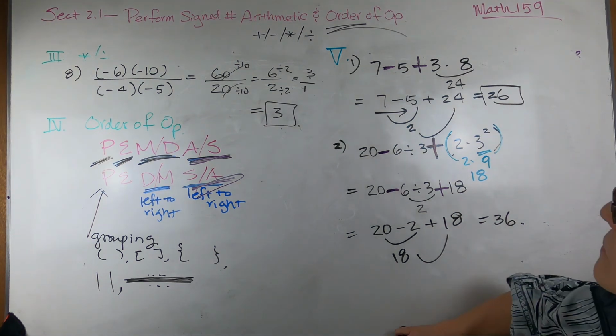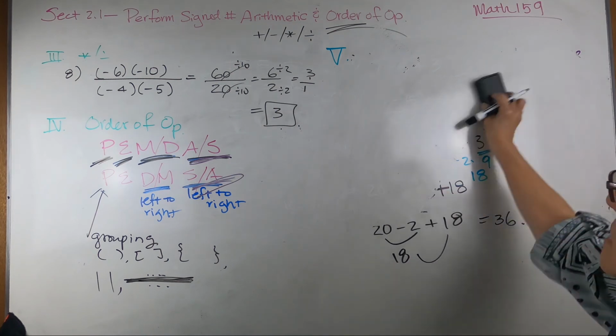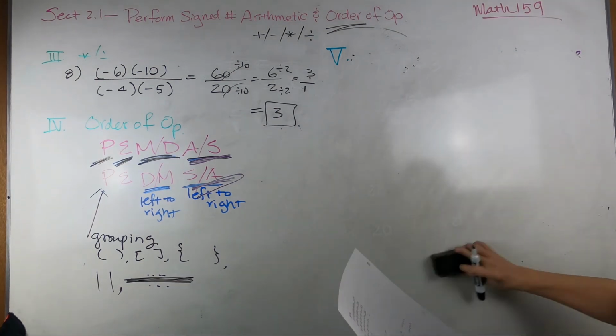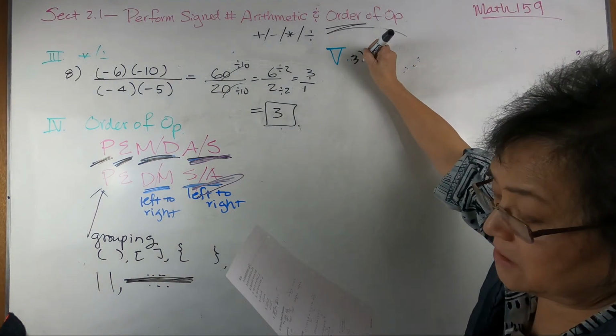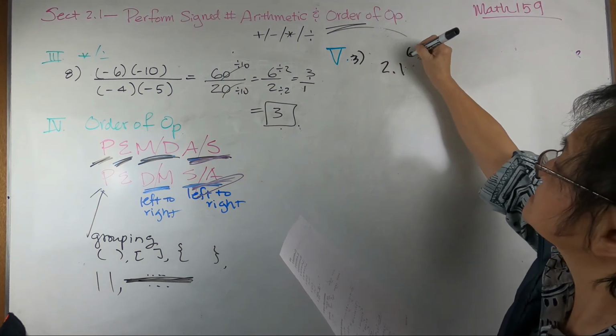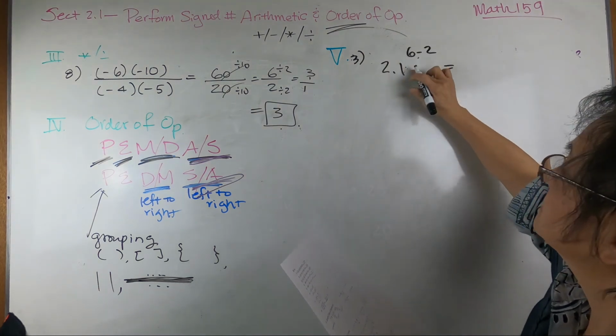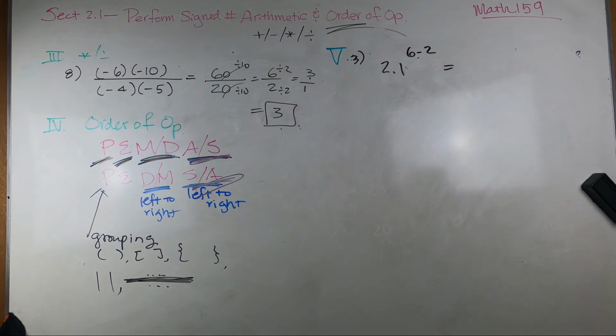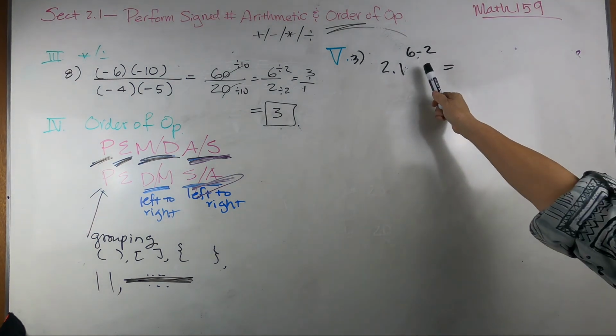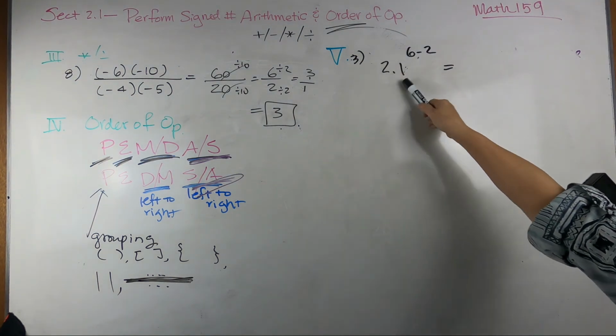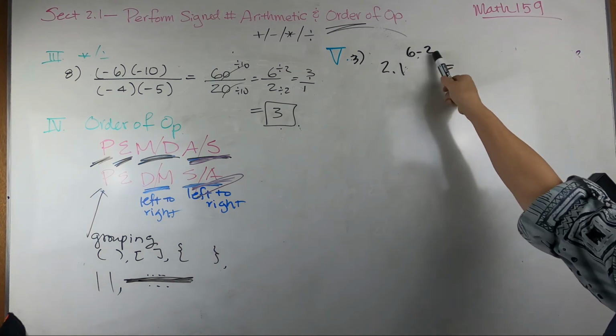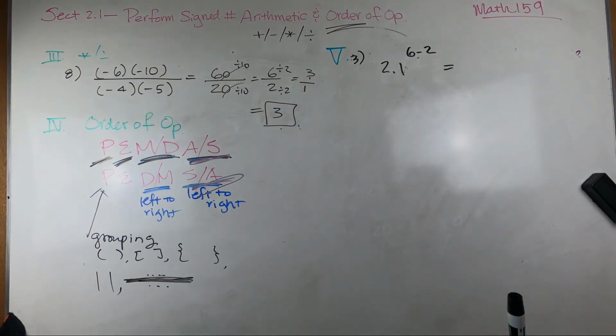Okay. Now, let's look at the next one: 3, 2.1 to the 4th, 6 minus 2. Things like this. So what do we have? The power portion, that's the base. Then you have to simplify each component first.